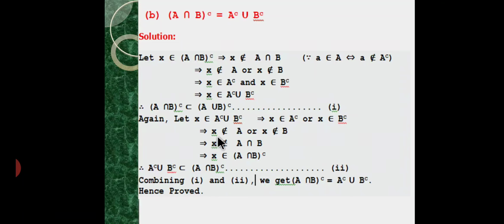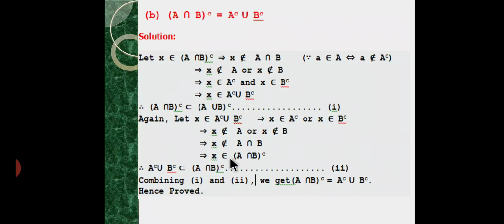So again let X belong to A complement union B complement. So X belongs to A complement or X belongs to B complement. So it means X does not belong to A or X does not belong to B. So X does not belong to A intersection B. So X does not belong to A intersection B means by definition of complement that the element belongs to the complement.